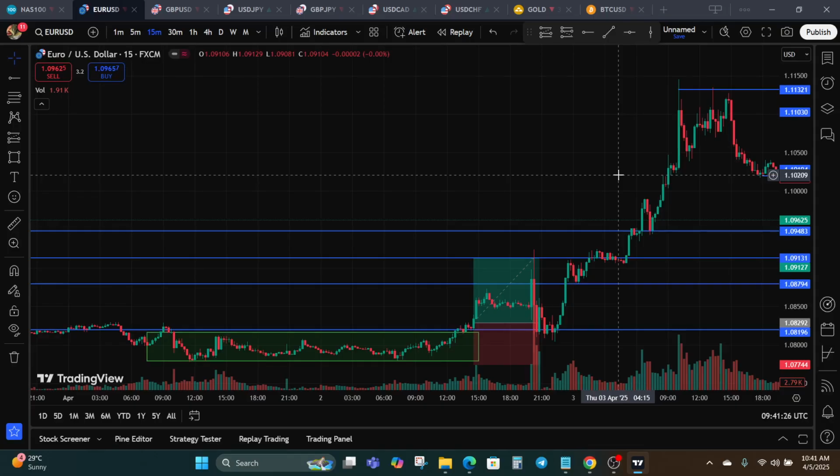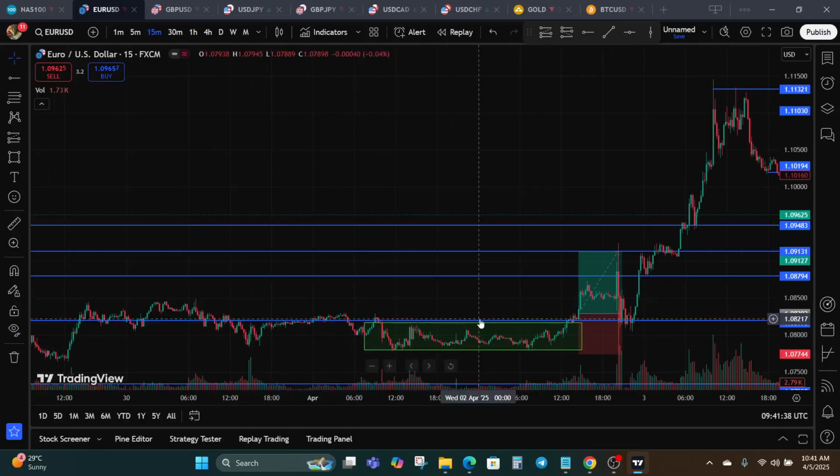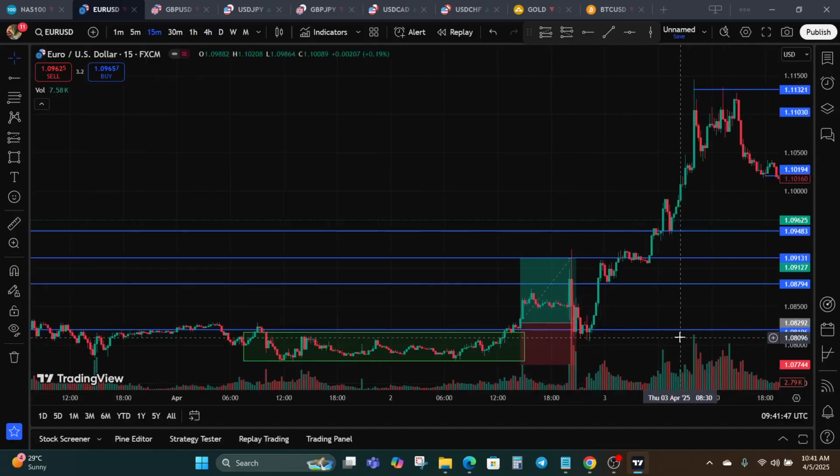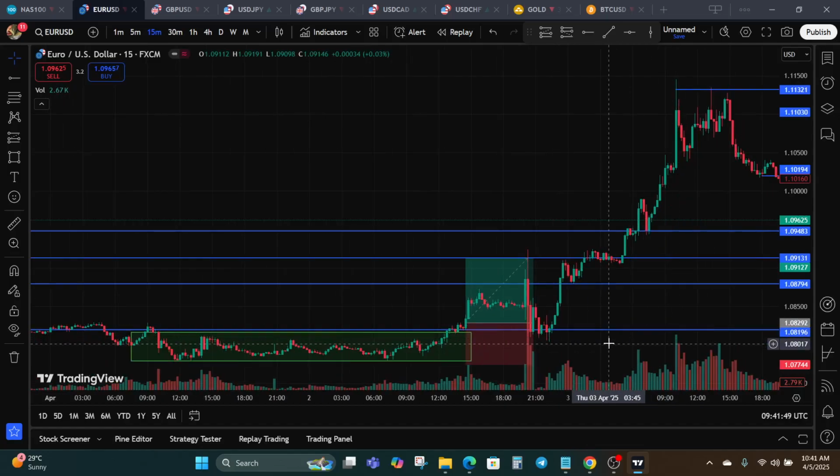Now, what are the things to avoid? Do not trade in choppy sideways markets. When you have choppy or sideways markets, do not trade during such a period. Do not jump in on a weak move. Don't chase a candle after it has already made its move.